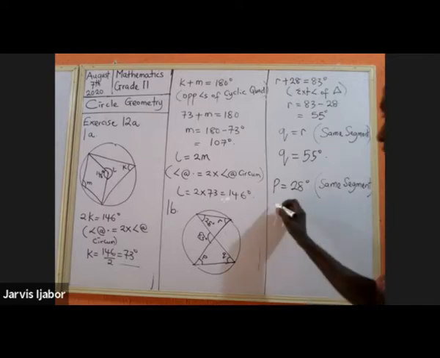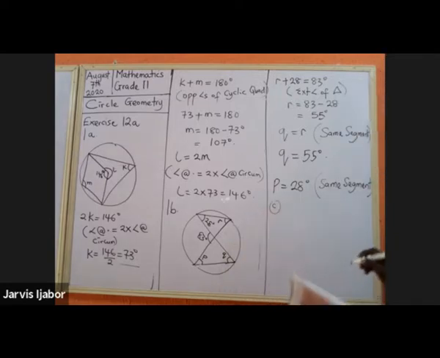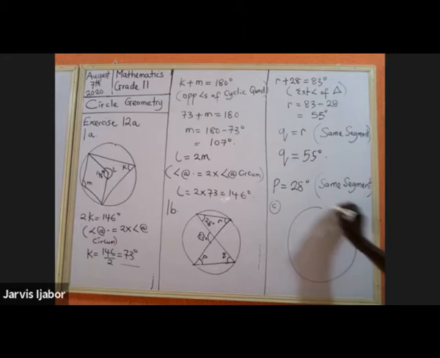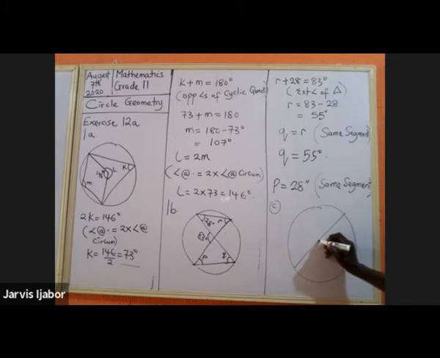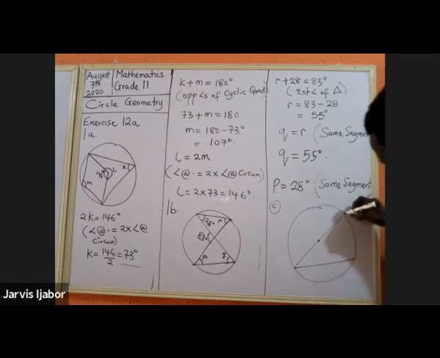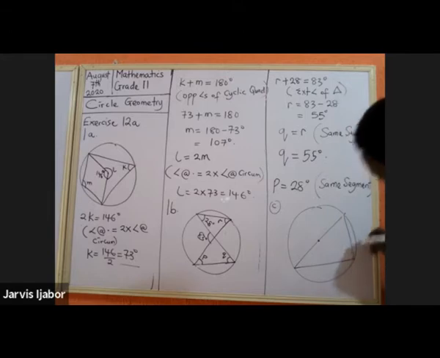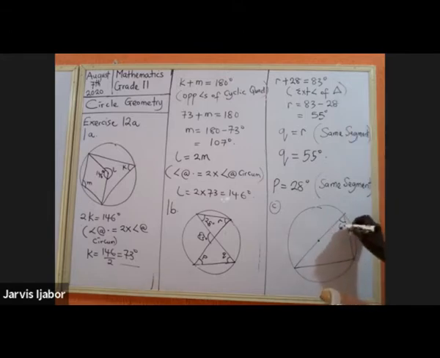Right, so that's for B. Let's go to C. It's passing through the center.